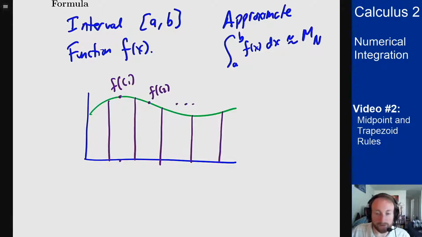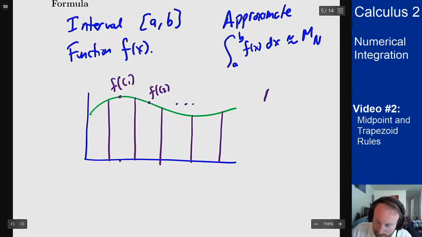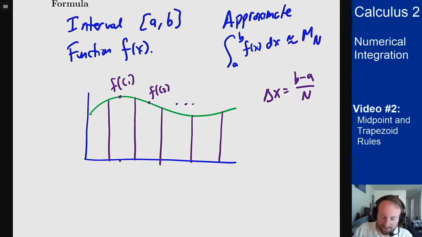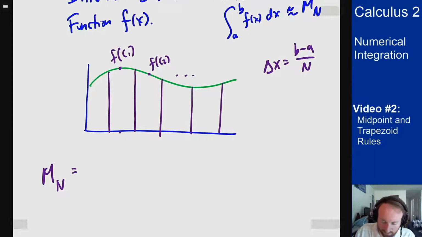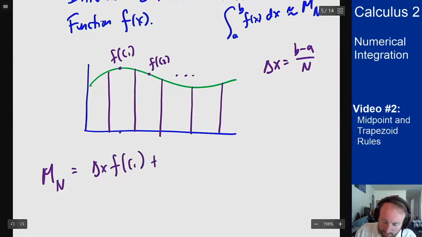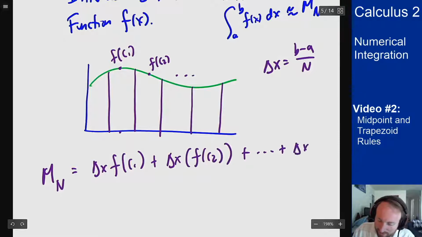We then know if we have n rectangles, then our change in x is going to be b minus a, the total length, divided by n, which means then my sum formula for n rectangles is going to be the area of the first rectangle, which is delta x times the height, which is f of c1, plus delta x times f of c2, plus, and then all the way up to delta x times f of cn.